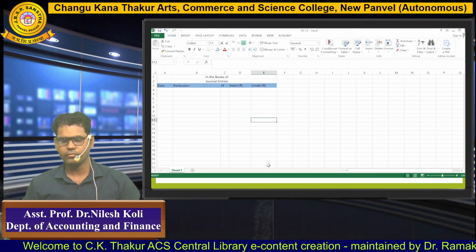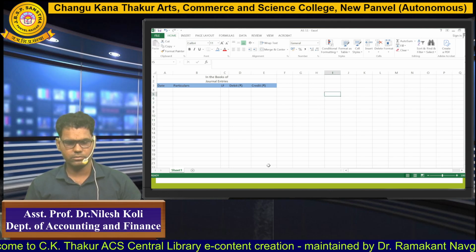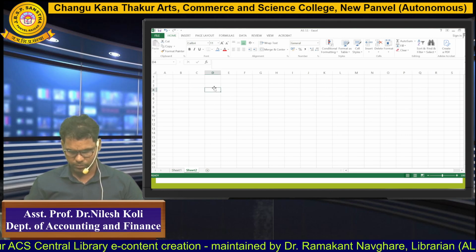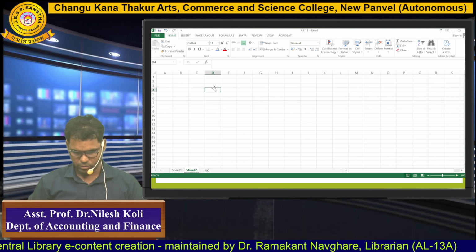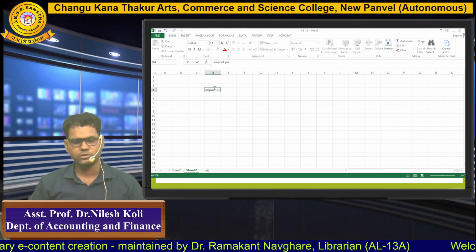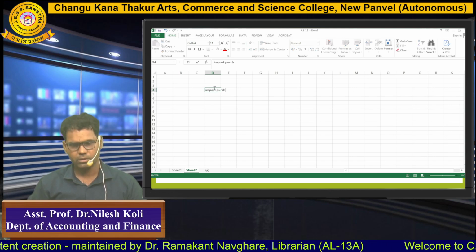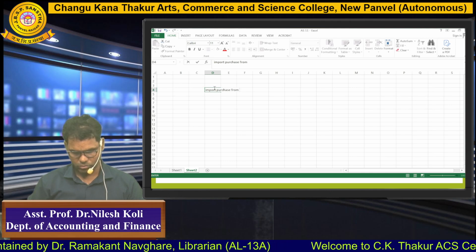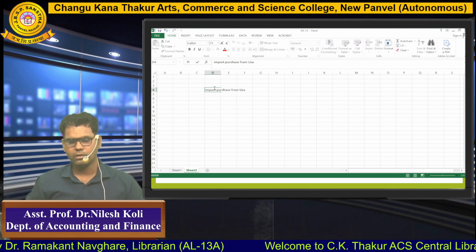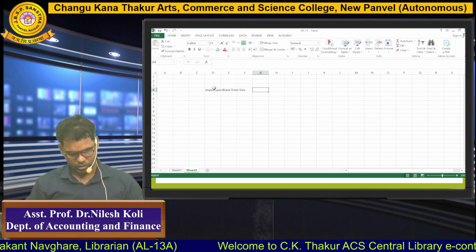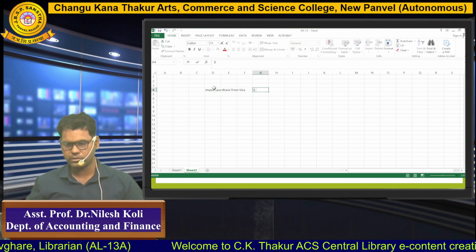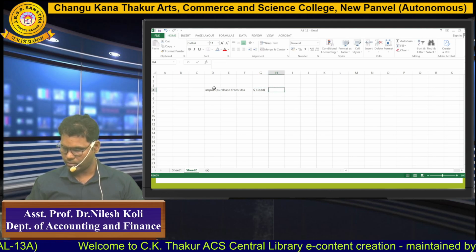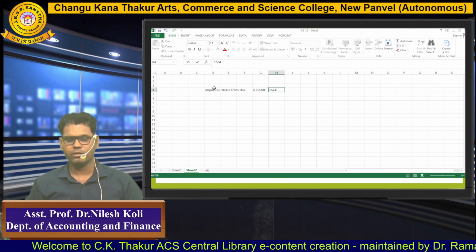Suppose I just give you an example. Suppose an import purchase is there, import purchase from USA, and the amount in US dollars is 10,000, and the date is say 15th April 2025.